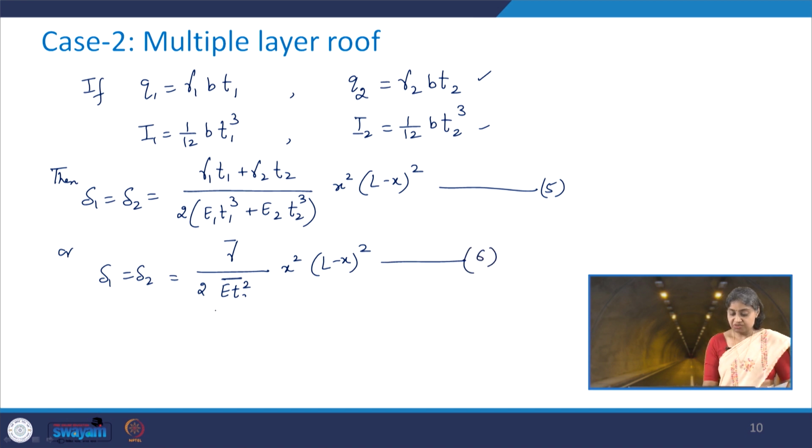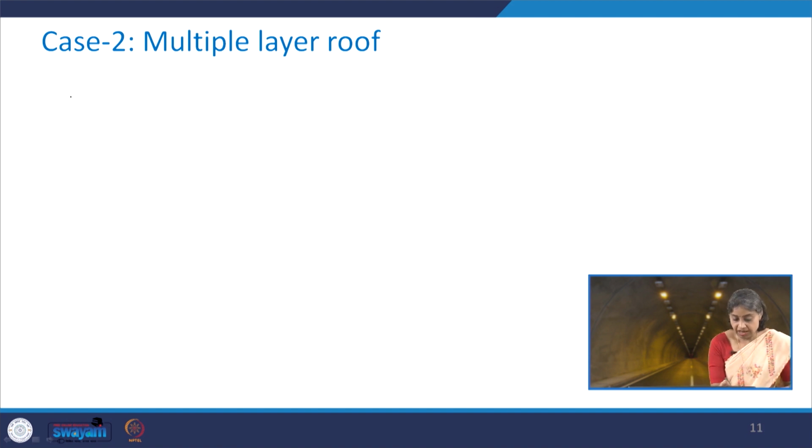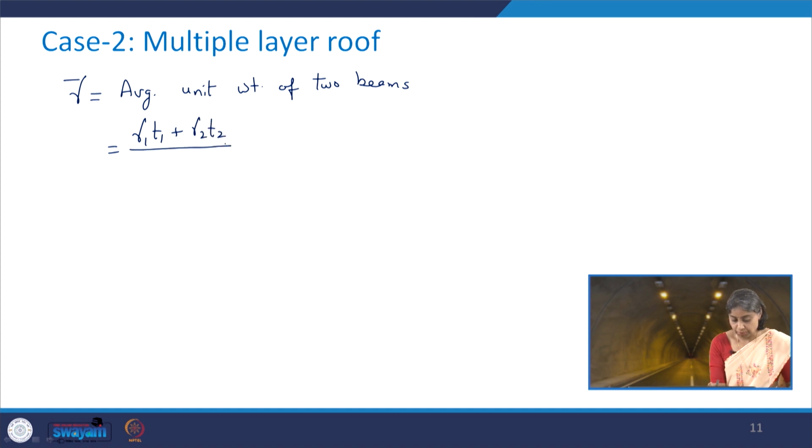Now, what does this mean? I have this gamma bar as the average unit weight of two beams, or I can write it as gamma 1 T1 plus gamma 2 T2 upon T1 plus T2.